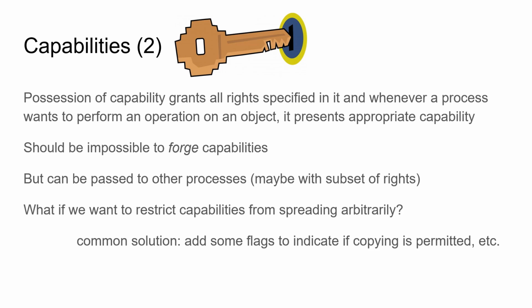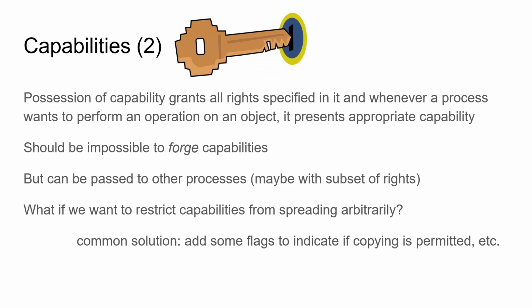Okay? But the capabilities are pretty much like digital keys, and you can just pass them on to other entities, right? You can pass the capability, or a subset of the access rights that the capability gives you, to another process. There is a possible problem there: perhaps you don't want the capabilities to spread arbitrarily and without any way of controlling this.